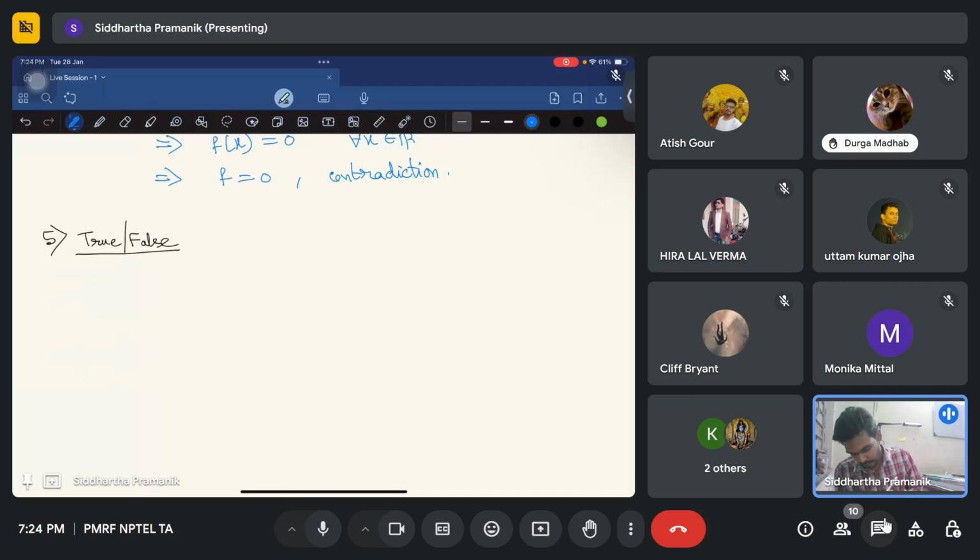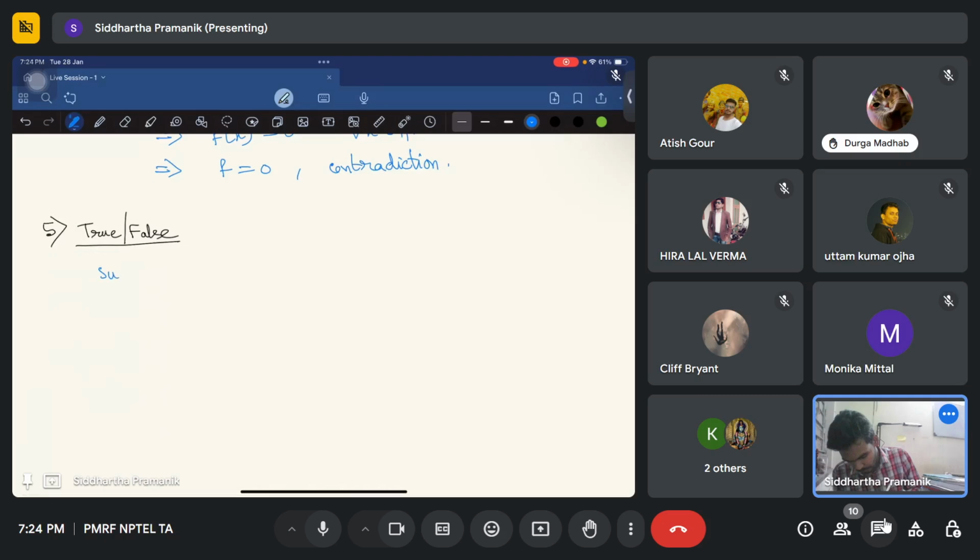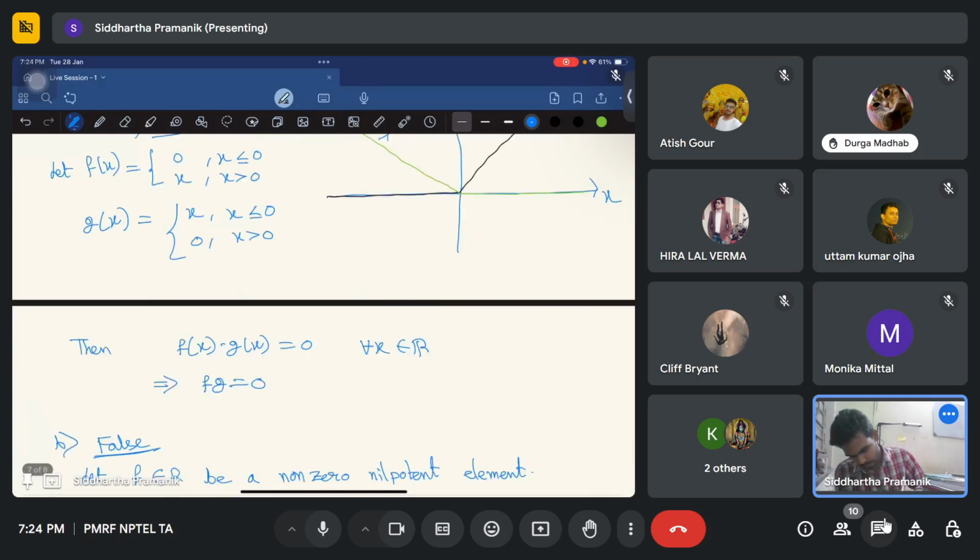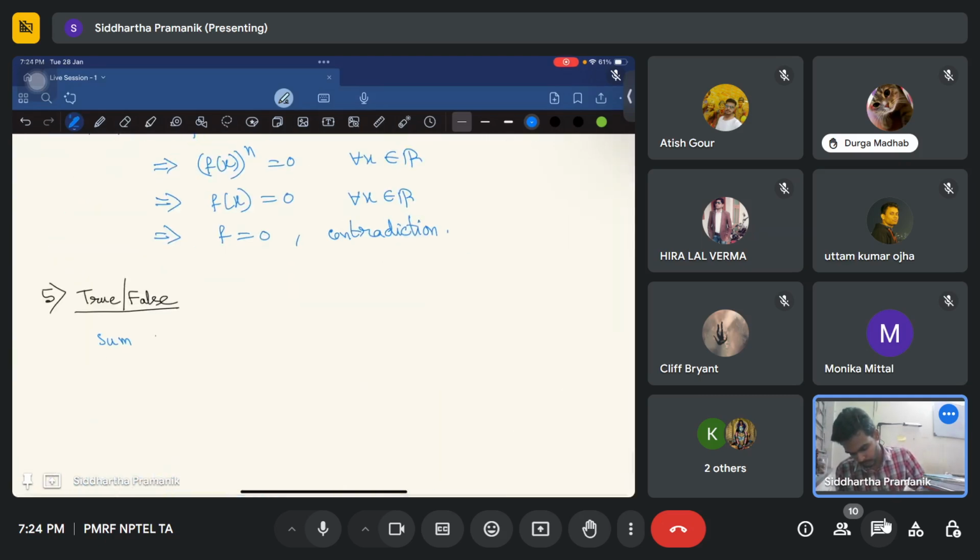So the statement is: let R be a ring and a, b belong to R are zero divisors.